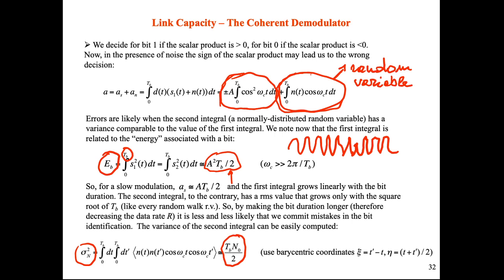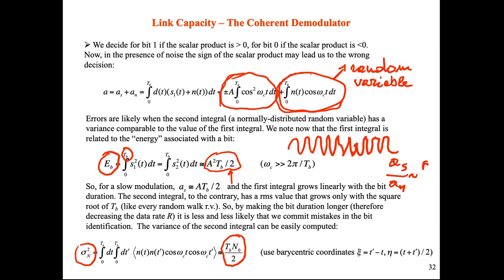Okay, this is the important thing. So the ratio, roughly speaking, between A_S and A_N is of the order of the energy per bit.